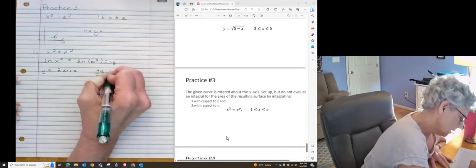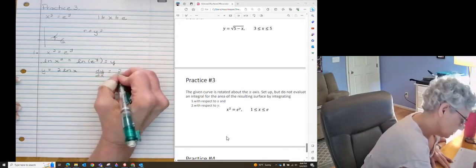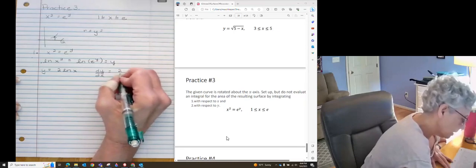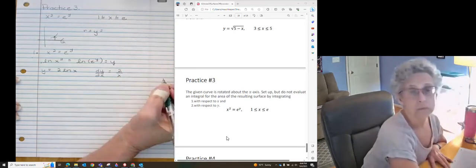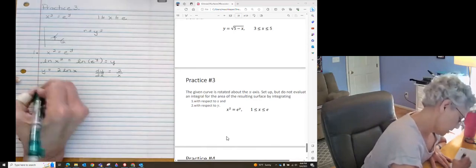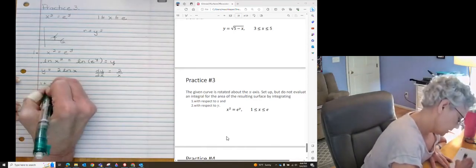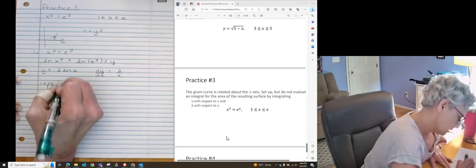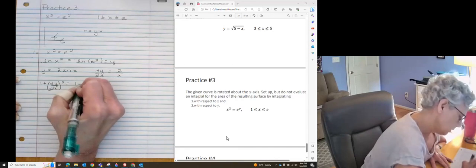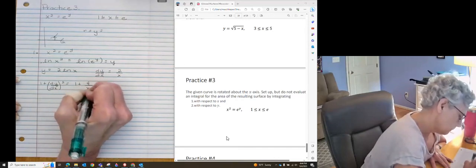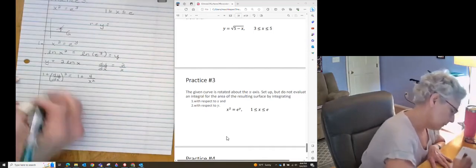So dy/dx is equal to 2 times 1 over x, 2 over x. So 1 plus (dy/dx) squared is 1 plus 4 over x squared.